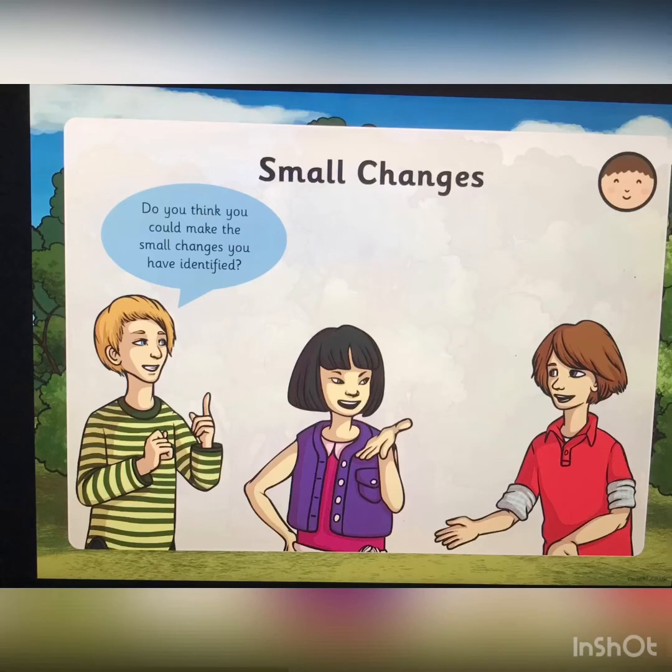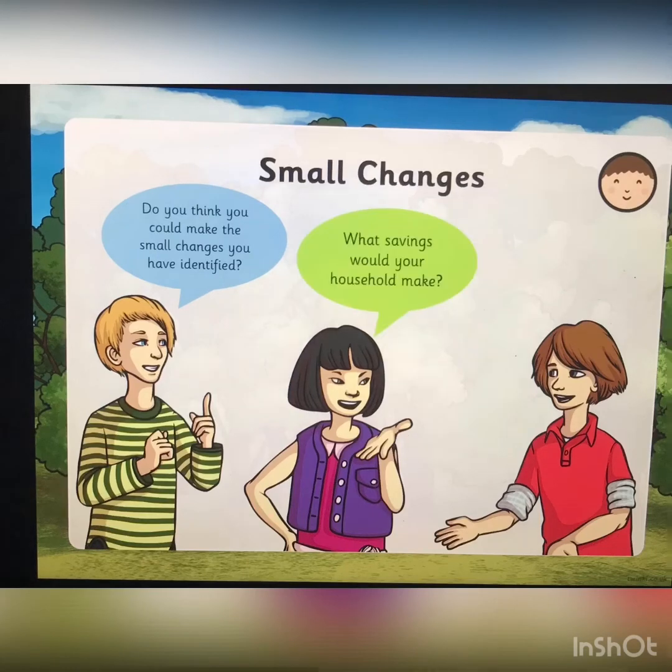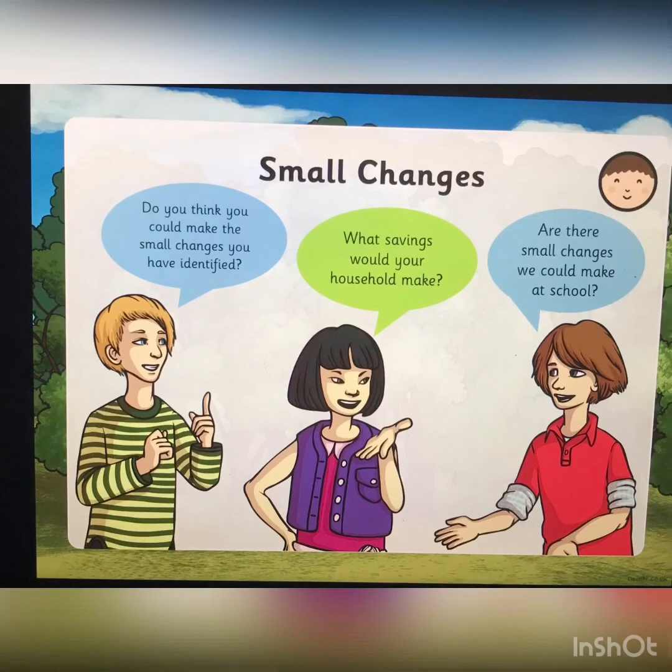So I want you to ask yourself a few questions. Do you think that you could make the small changes that you've identified? If you did make those changes as a household, would you be able to see the savings in your water bill or electric bill? Do you think we can make some changes in our classroom? Are there ideas that you and your teacher could come up with to make a difference in our own classrooms?